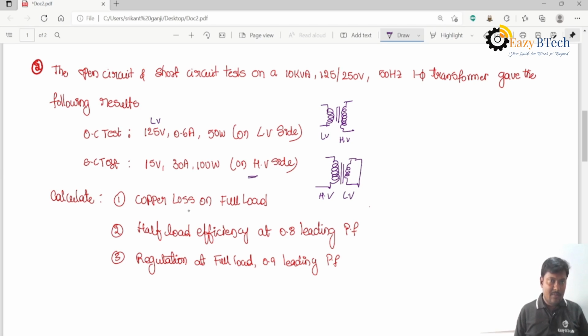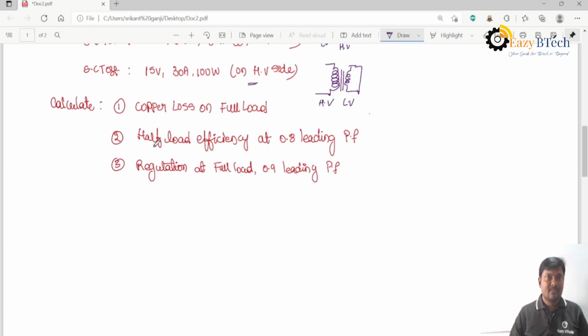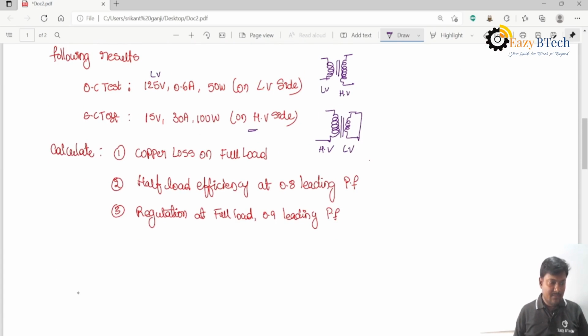First of all, copper losses on full load. From this short circuit test data, VSC is 15 volts, ISC is 30 amperes and WSC is equal to 100 watts.